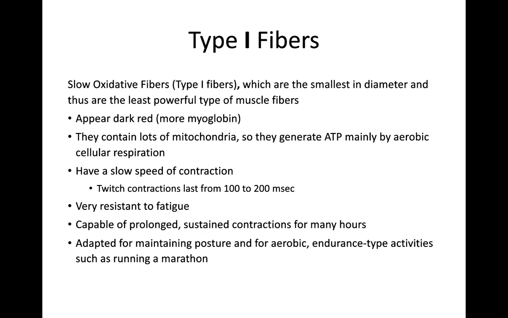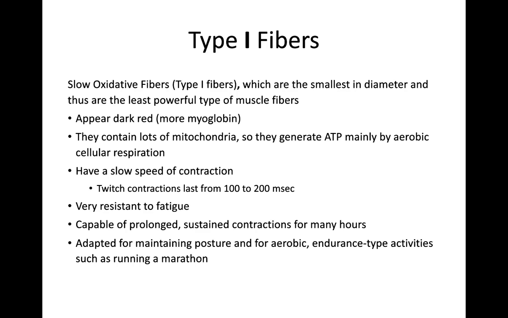They're also, aside from being slow, pretty weak compared to the other types, and that's because they're the smallest in diameter, and since they're the smallest, they're the least powerful. Slow oxidative or type 1 fibers appear very dark red, and that's because of the myoglobin that they have an abundance of. They also have a lot of mitochondria, so they generate their ATP, once again, mainly by aerobic respiration.